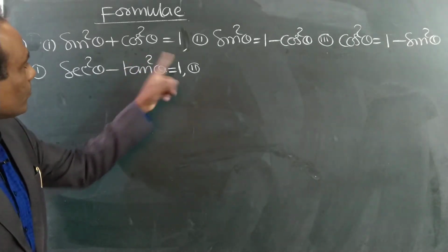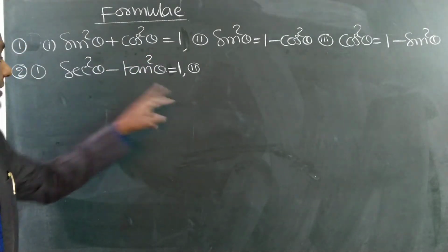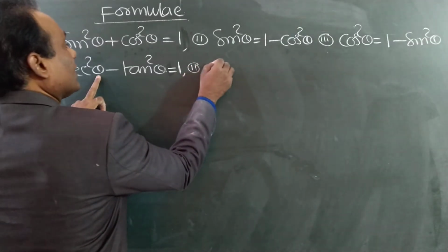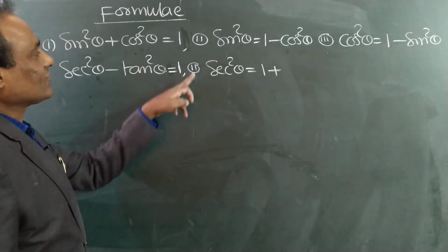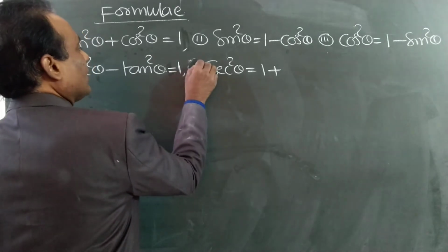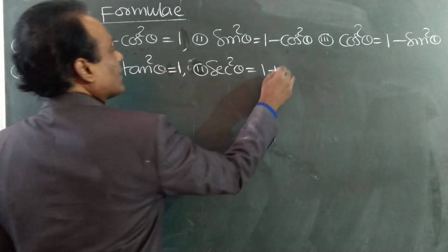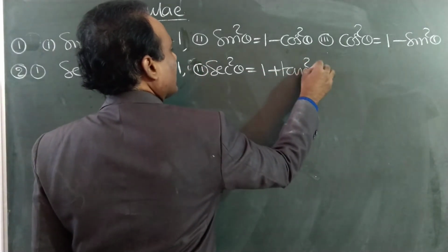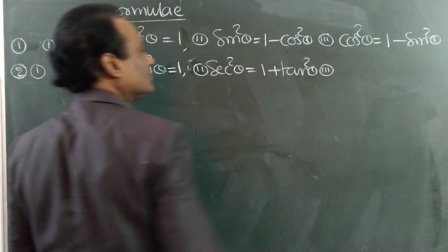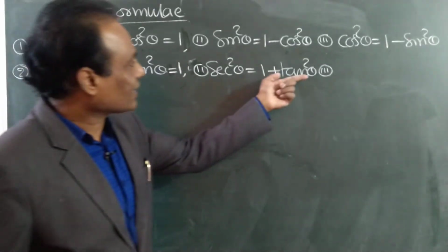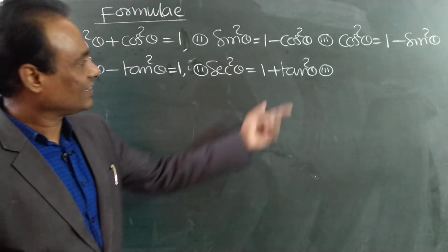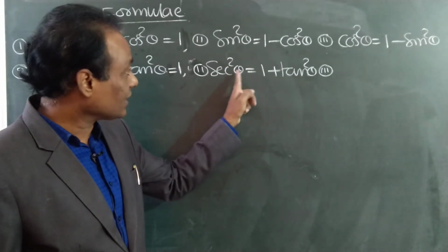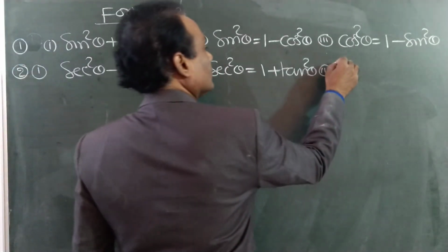Take minus tan square to the right side, then secant square is equal to 1 plus tan square theta.